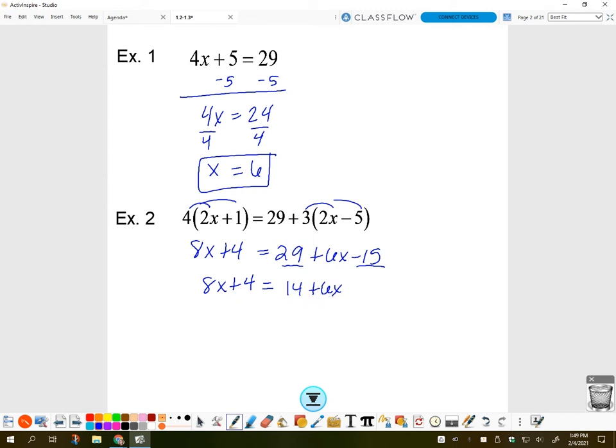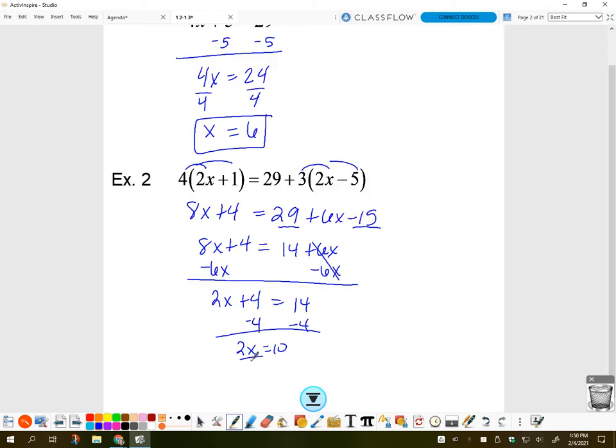So we want variables on one side, numbers on the other. It doesn't matter which thing you pick at this point. Pick something and do the opposite. I usually take the smaller variable and move it to the other side. So we're going to subtract 6x. This gives me 2. Bring down the 4. Gives me 2x. Sorry. This 14 comes down. Those make 0. Now it's just like example 1. We got to subtract the 4. Divide by the 2. And we get 5.